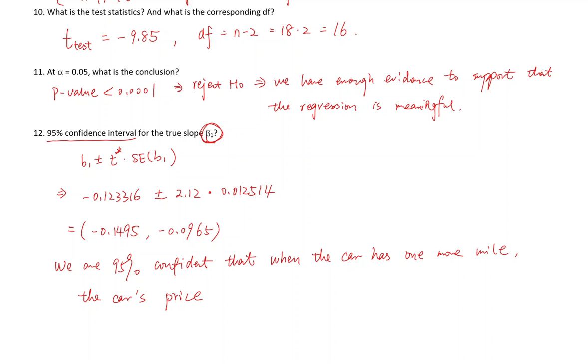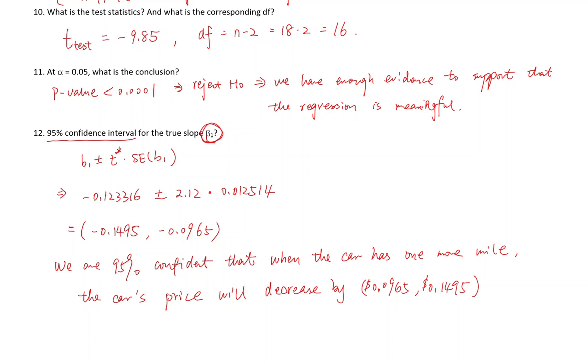So we say we are 95% confident that when the car has 1 more mile, the car's price will decrease by, now since we changed to positive, we need to change the order also, so it would be 0.0965 to 0.1495 dollars.